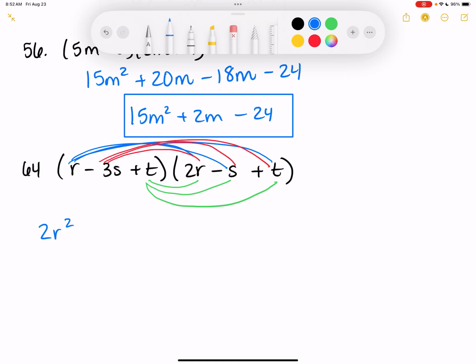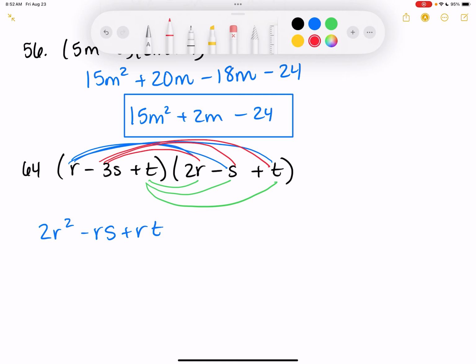So when I multiply r times negative s, I want to write that as negative rs. It's not wrong if you don't, but for simplicity, we want everyone to look the same, so it's easier to say alphabetical order. And then r times t, so that takes care of the first part.